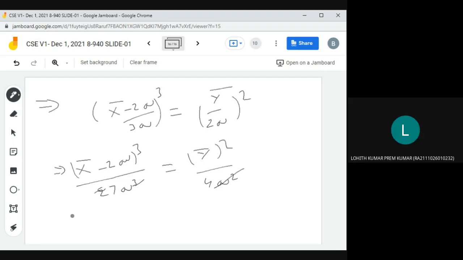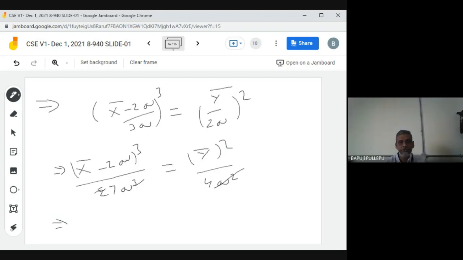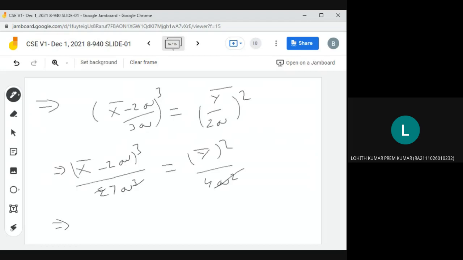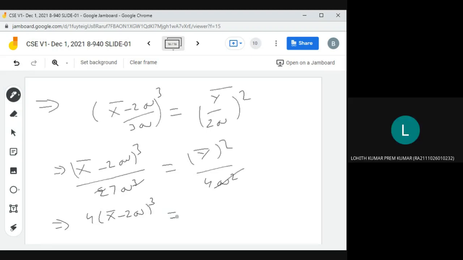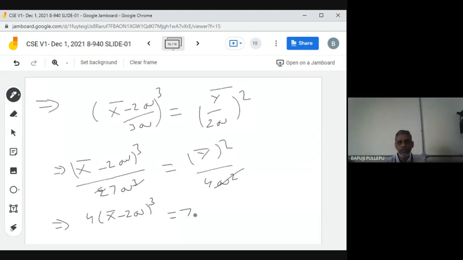So this is equal to what? 4 into x bar minus 2a whole cube is equal to 27 y bar squared. Who will take a? Correct.